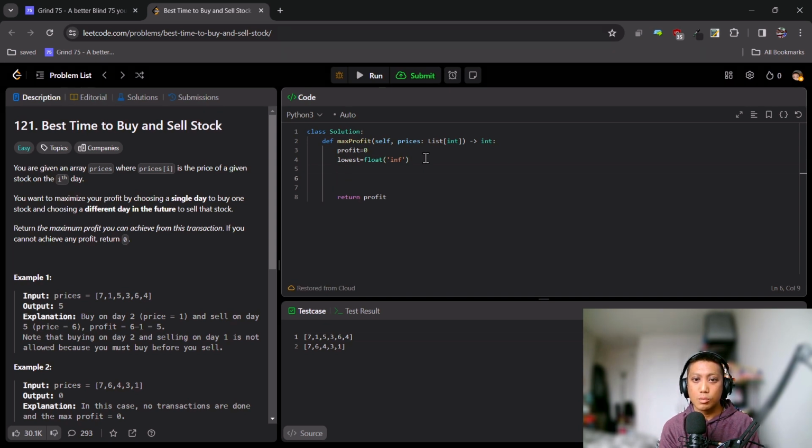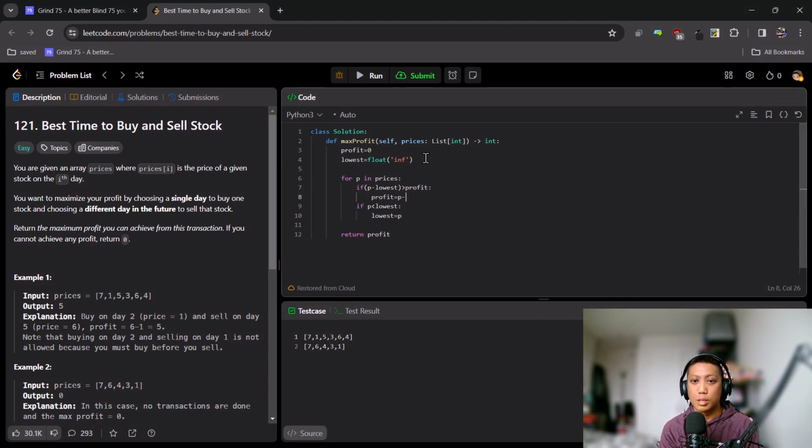So if I just do profit and lowest, then if we go through the prices, so for P in prices, if P is less than lowest, lowest equals P, and then if P minus lowest is greater than profit, profit equals P minus lowest. Let's see, I think that would work.